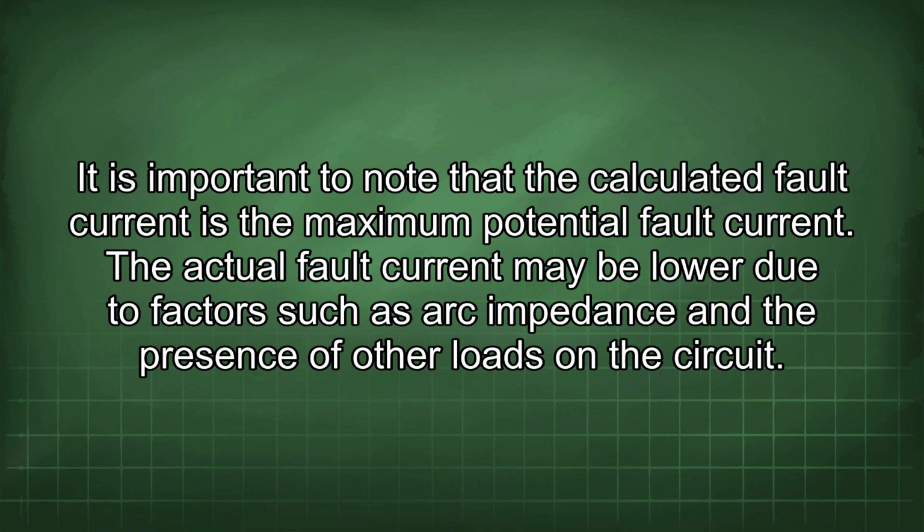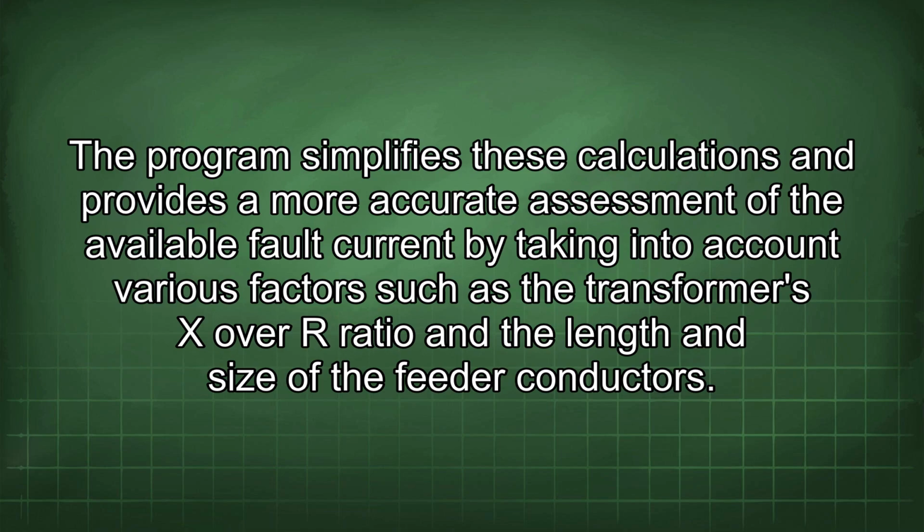It is important to note that the calculated fault current is the maximum potential fault current. The actual fault current may be lower due to factors such as arc impedance and the presence of other loads on the circuit. The program simplifies these calculations and provides a more accurate assessment of the available fault current by taking into account various factors such as the transformer's X/R ratio and the length and size of the feeder conductors.